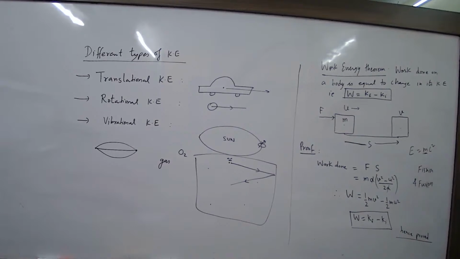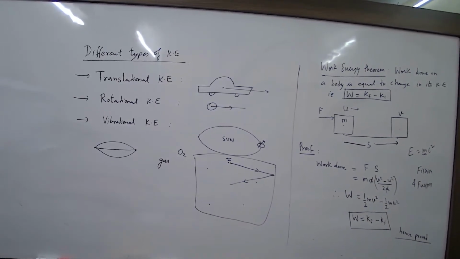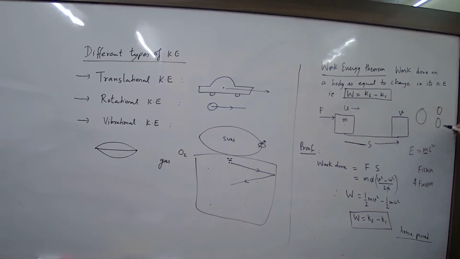In fission, one big nucleus is broken into two small nuclei. The combined mass of the two small nuclei from one big nucleus is less than the mass of the big nucleus.